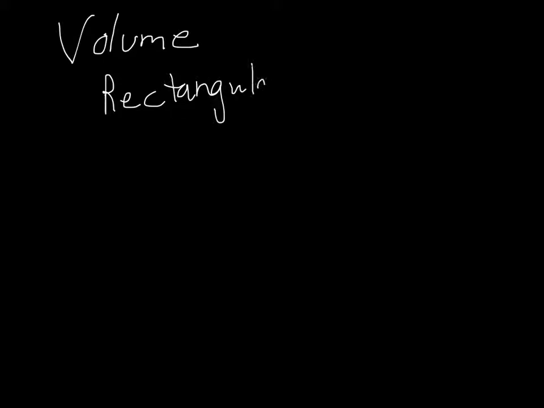The next thing I'm going to show you for your homework is volume. And we're going to just look at a rectangular solid. And so by using the word solid, I'm referring to a three-dimensional shape.